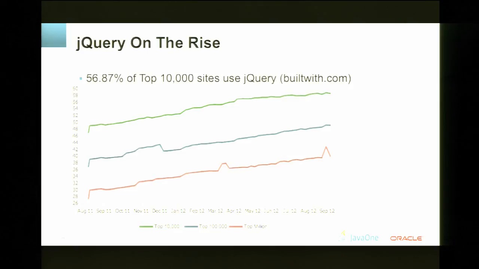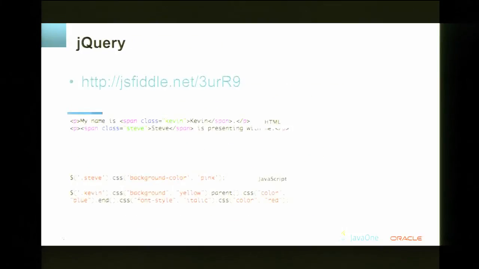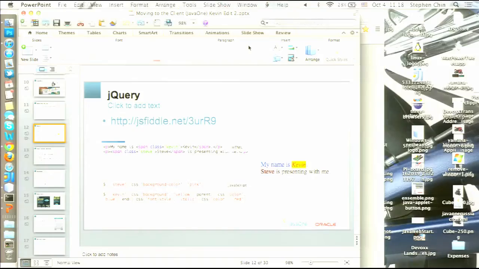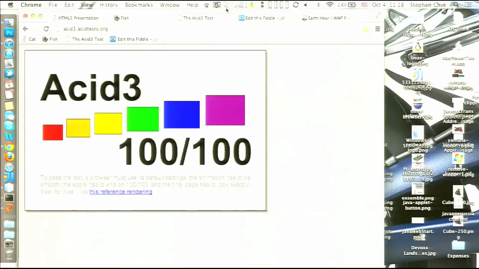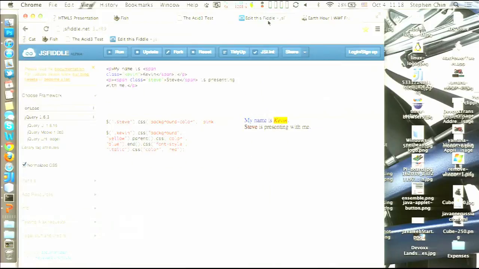But anyway, if you haven't tried jQuery, it's a great tool. You should take a look at it. jQuery UI, jQuery Mobile, very good things. So here I want to give an example of jQuery, and I'll jump back out into a demo. Those of you who haven't seen JSFiddle before, it's a really great tool that lets you take some piece of code up here.